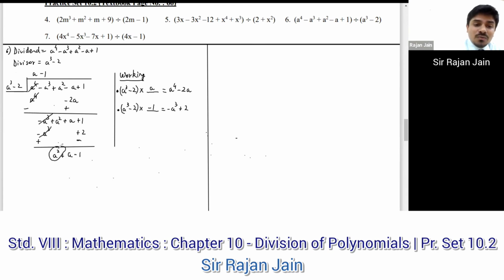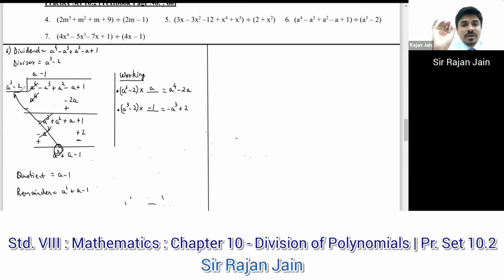If the index of the remaining part, that is a square, is less than the index of the divisor, you cannot do the division ahead. So this becomes your quotient, and this becomes your remainder. So last mein you will specify your quotient and remainder. Your quotient is a minus 1, and your remainder is a square plus a minus 1. And why this becomes the remainder? Because you have landed up with something jiska index is less than index of the divisor.